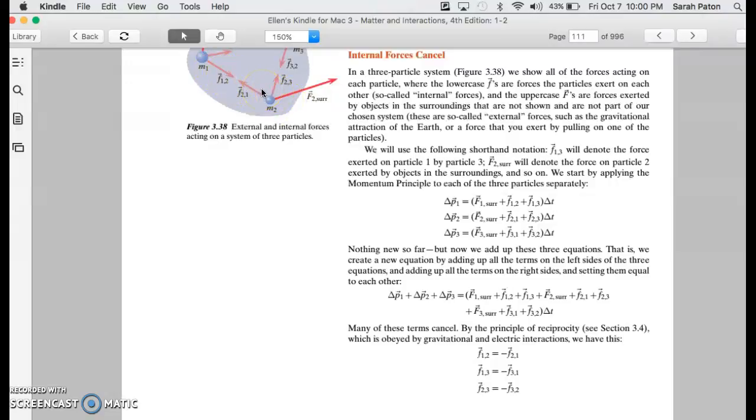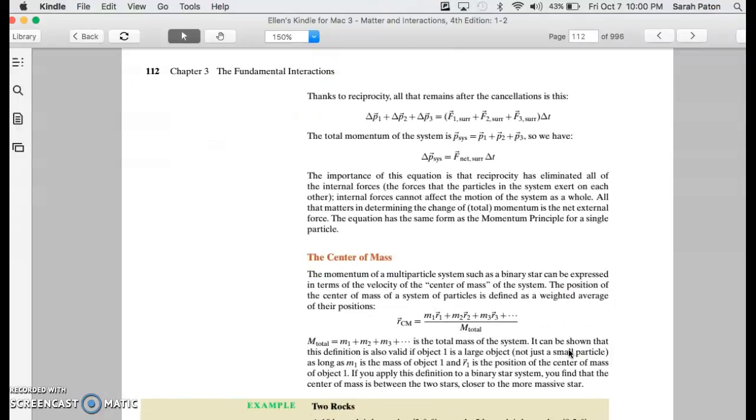I believe it's Newton's third law, but it might be another of Newton's laws. Either way, if the force on 1 by 2 is equal to the negative of the force on 2 by 1, we can cancel out this with this, and this with this, and this with this, leaving us only change in P1 plus change in P2 plus change in P3 equals the force of the surroundings on 1 plus the surroundings on 2 plus the surroundings on 3, all times change in t.